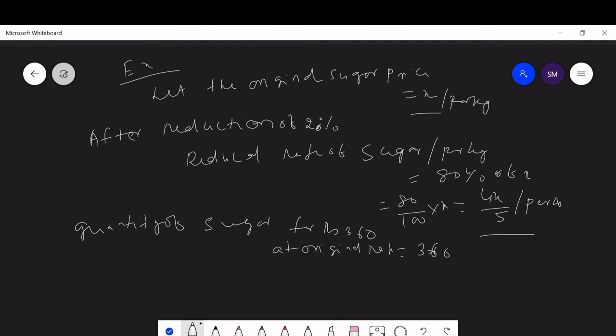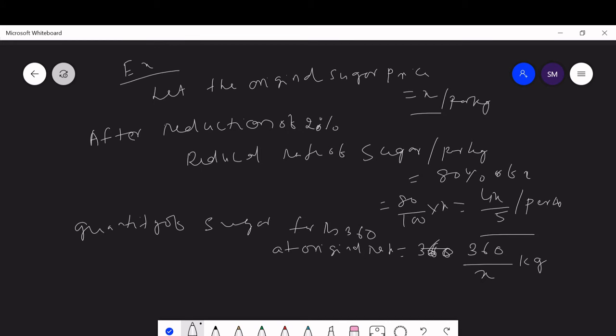Mrs. Shah has to spend 360 for sugar. Then how much sugar can she buy? She can buy 360 upon x kg.